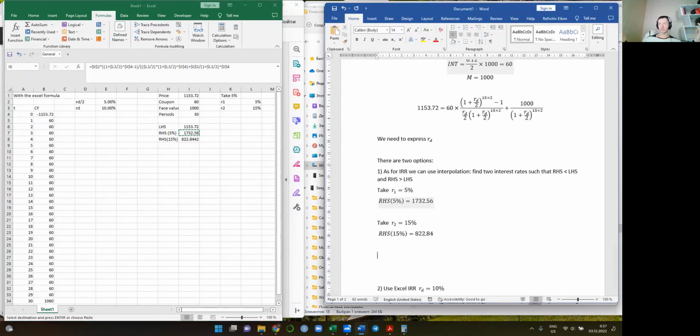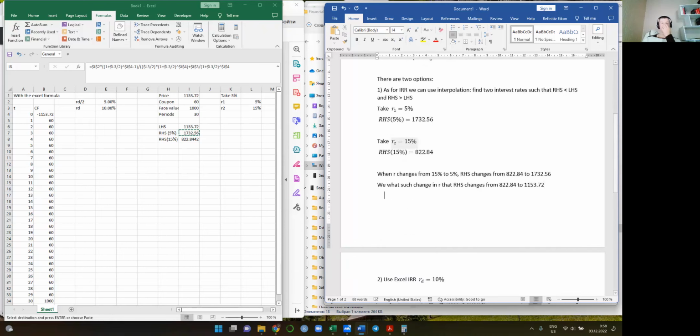So now again, this is simple reasoning by proportion. So when R changes from 15% to 5%, the right-hand side changes from 82284 to 173256. We want such change in R that the right-hand side changes from 82284 to 115372. So they must be equal to each other.